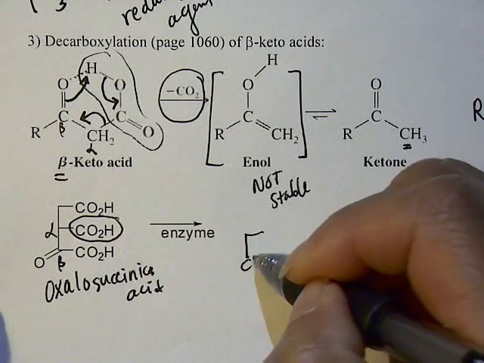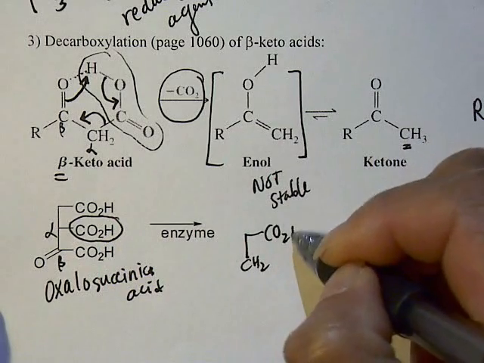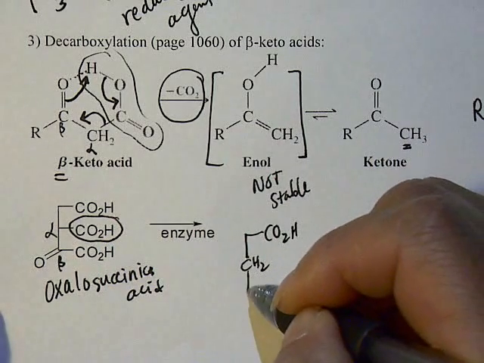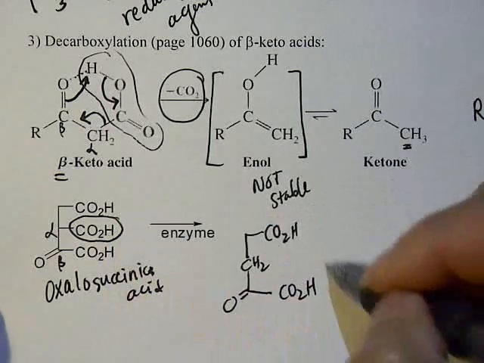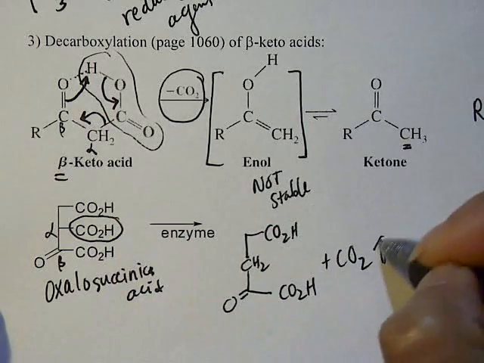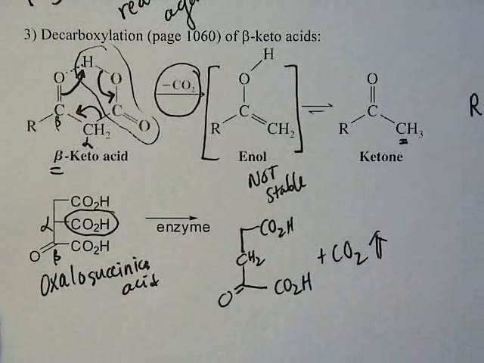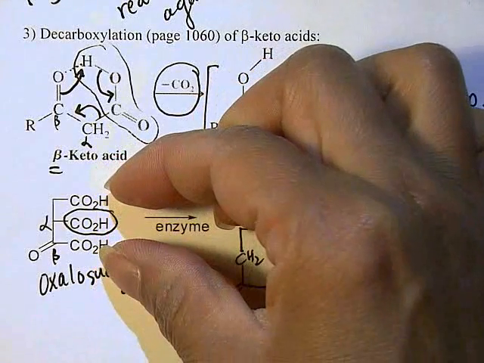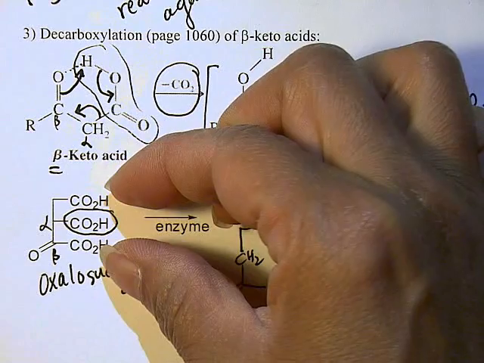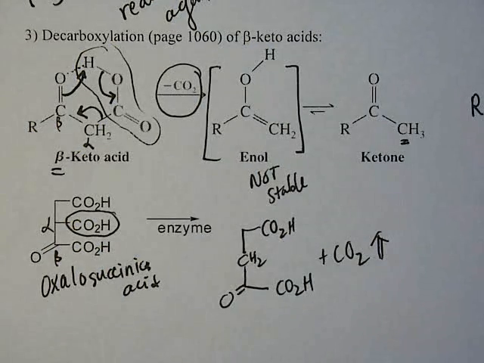So in the final product, the other carboxylic acid is going to be intact, but the second one is going to be extruded as carbon dioxide. And this is one of the key steps in forming the carbon dioxide that we breathe out. This is basically an intermediate that the Krebs cycle gets to as part of the breakdown of glucose.